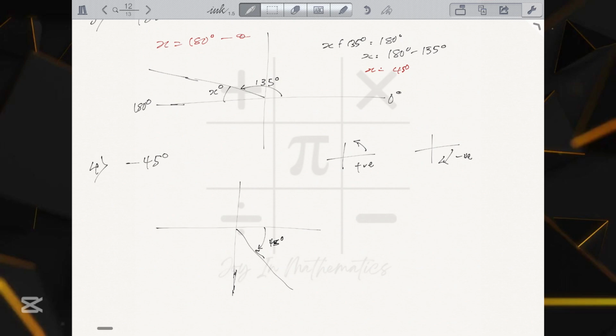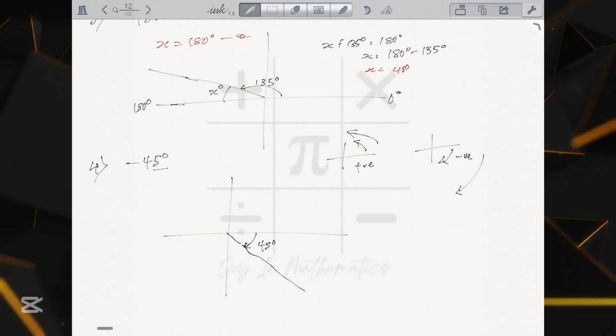Now the related acute angle in this case is what? Let's redraw so that we understand. We have the Cartesian plane. The positive angle is anti-clockwise, the negative angle is clockwise. So we have negative 45 degrees, which is clockwise, so we are moving in the clockwise direction by 45 degrees.